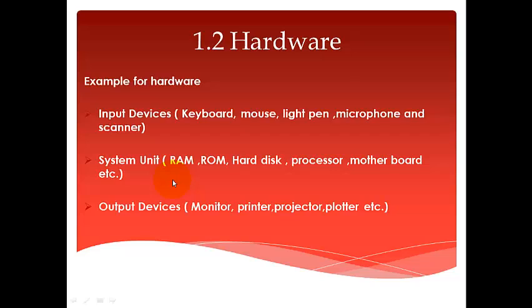The system unit is used to process the information. And for output devices, the processed information can be shown using output devices like monitor, printer, projector, plotter, etc.